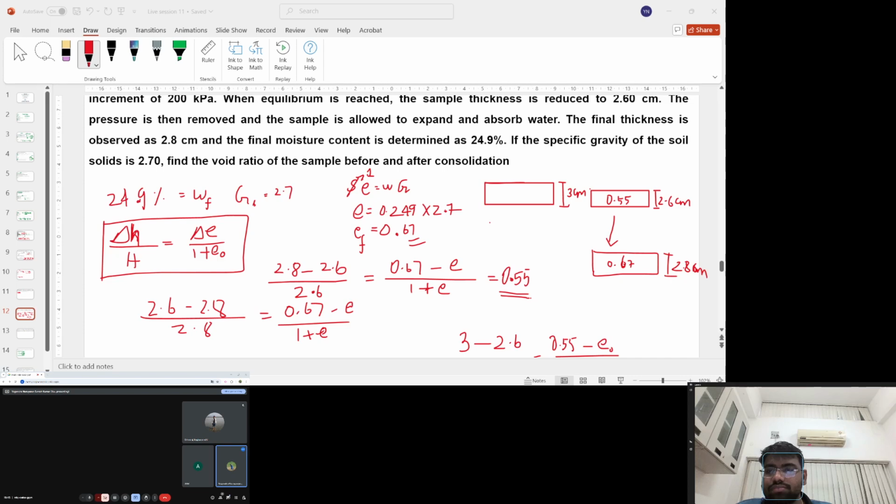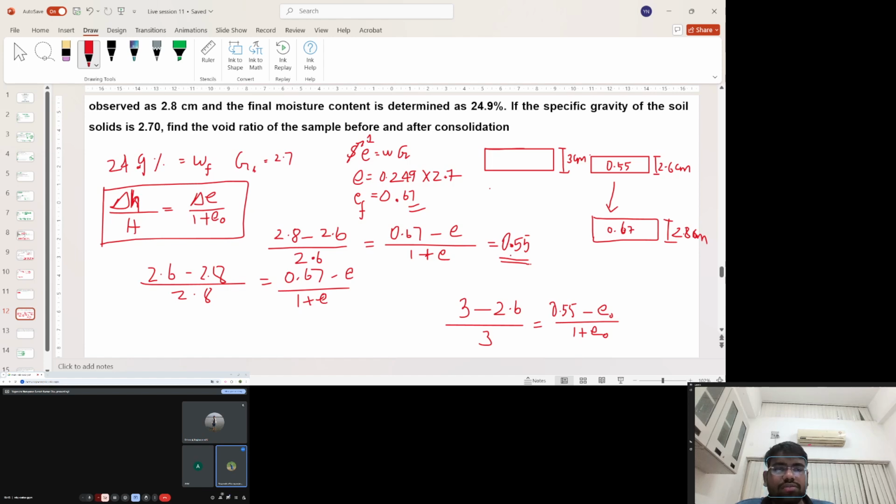Sir, first case, 2.8 minus 2.6 by 2.8 now. So this is fine. This value is right. The void ratio 0.55 is correct only, no? Yes, this is right. So this is logically right, and the values are also right. I have cross-checked with my calculations.